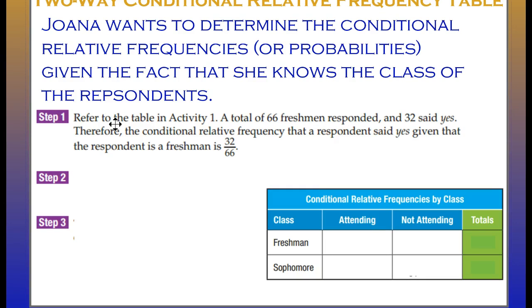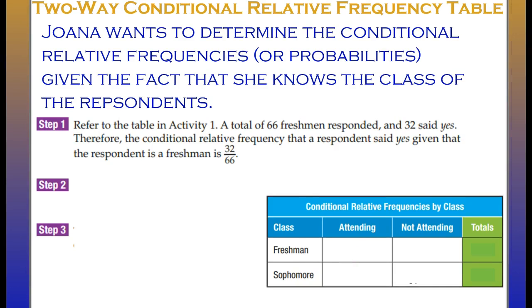A total of 66 freshmen responded and 32 said yes. Therefore, the conditional relative frequency that the respondent said yes, given that the respondent is a freshman, is 32 out of 66. So 32 out of 66 responded, so that's about 48%.